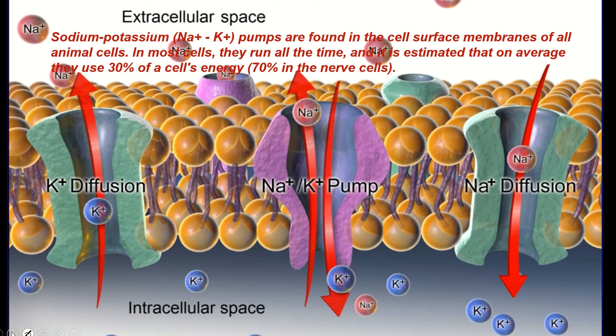Sodium potassium pumps are found in cell surface membranes of all animal cells. In most cells they run all the time, and it is estimated that on average they use 30% of the cell's energy, and 70% in nerve cells.